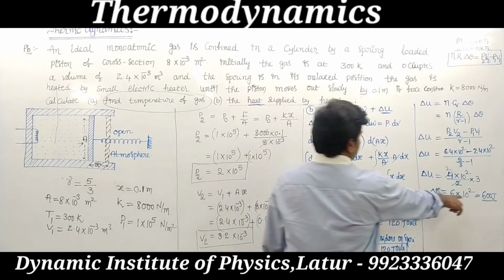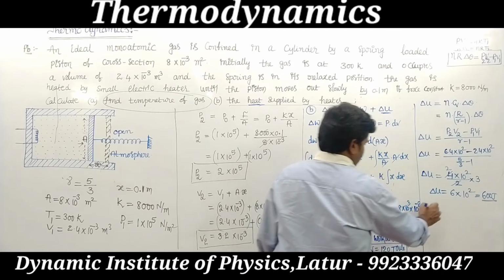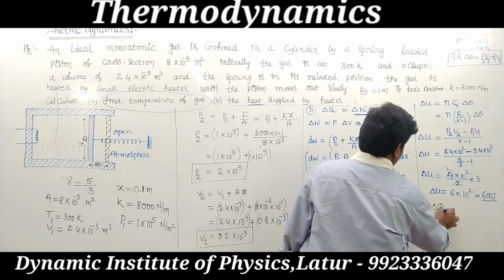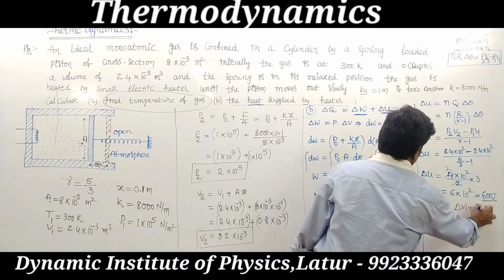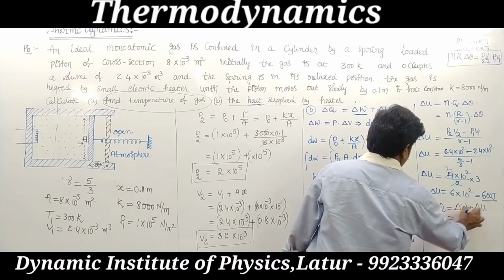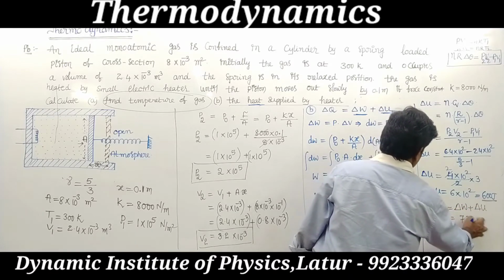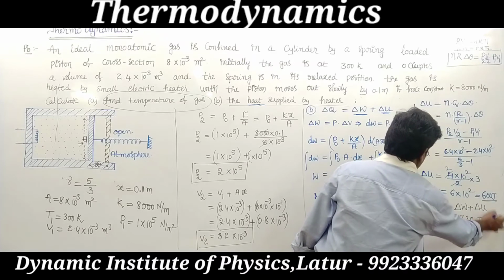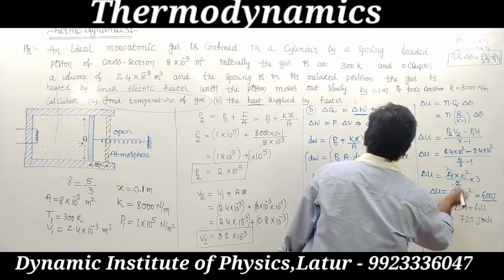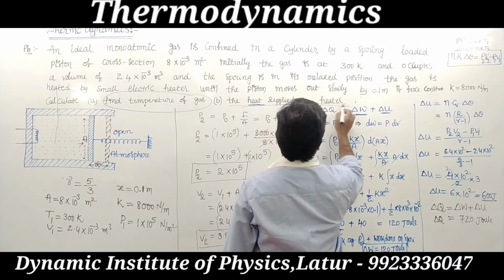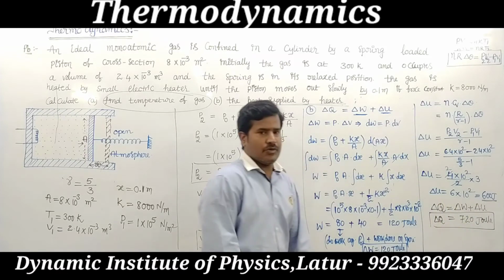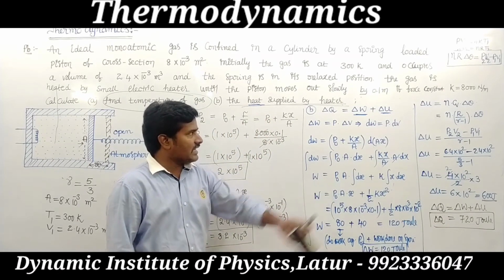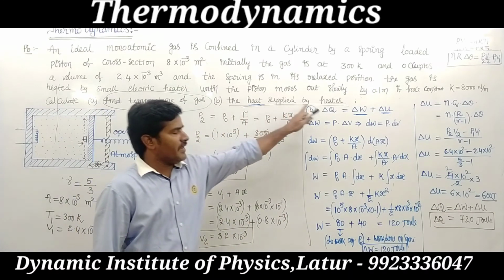Internal energy and external work done together give delta Q, which equals delta W plus delta U. Its value becomes 120 plus 600, which is 720 joule. This is the heat absorbed by the system. The heat supplied by the heater is nothing but 120 joule.